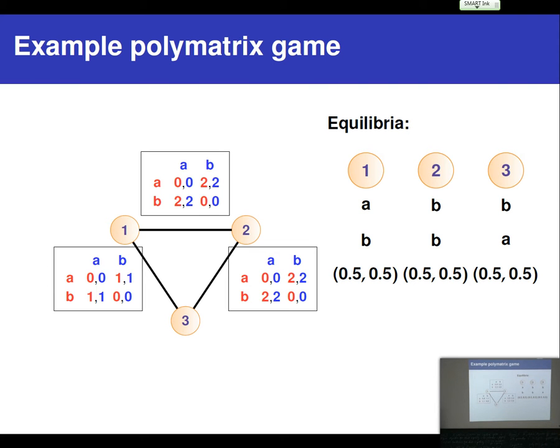So we're going to come back to this later, and hopefully I can easily convince you that it's a Nash equilibrium for 2 to be on her own, meaning choosing A where the other 2 choose B, or vice versa.